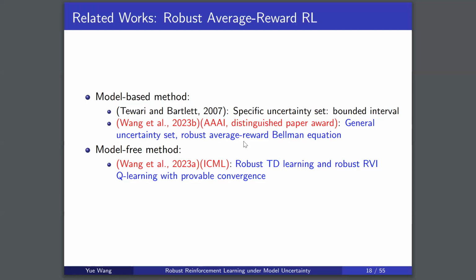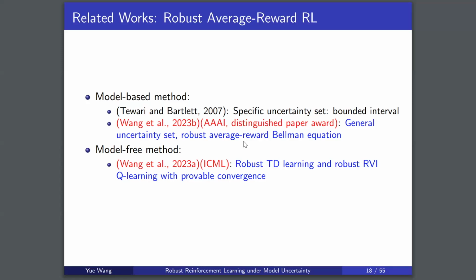Since they only consider this specific uncertainty set, their result cannot be generalized or applied to other types of uncertainties. In contrast, in our first work, we studied the robust average reward problem under a general uncertainty set, and we developed a fundamental characterization and a solution framework for the general problem.